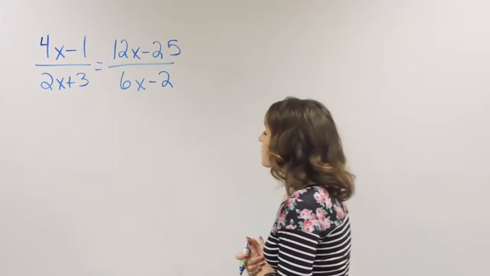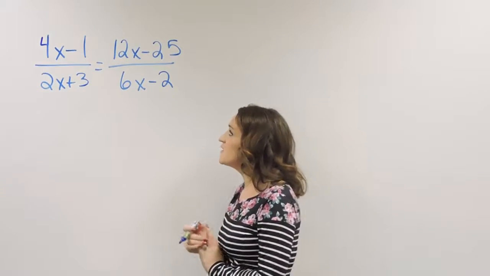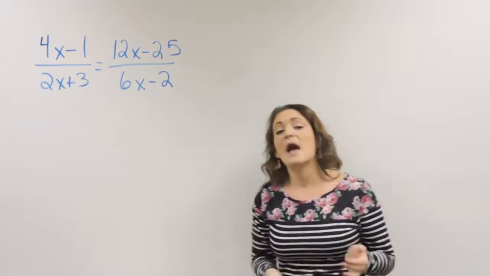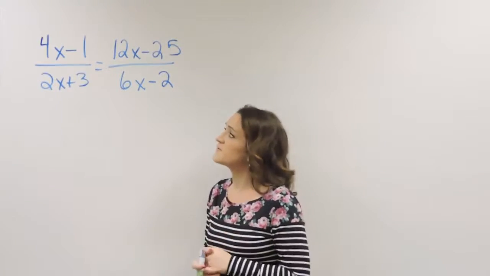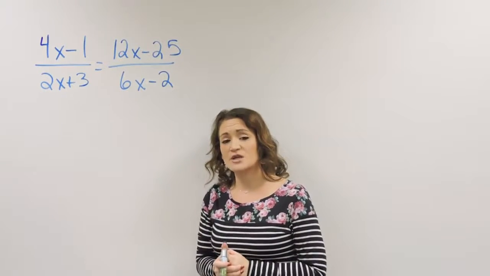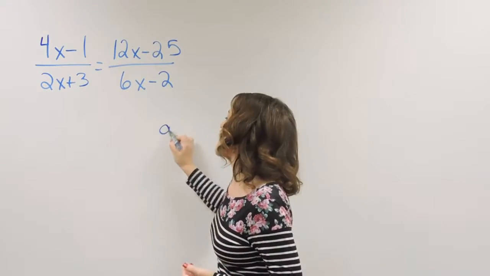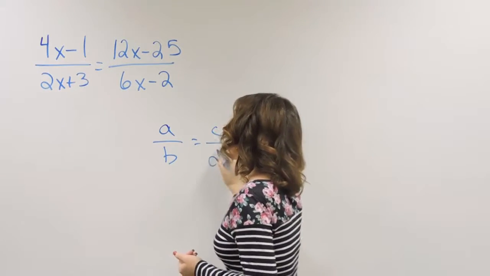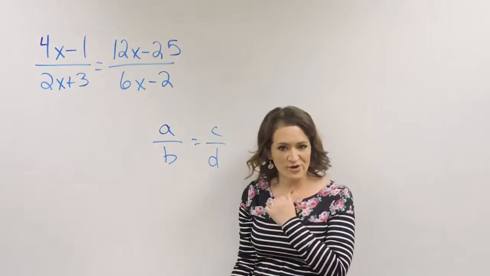Now, when I look at this problem, and it's specifically the way that this problem is set up, I'm actually going to solve this a little bit differently than how I would normally solve equations that have rational expressions in them. Because when I look at this problem, I see a proportion.